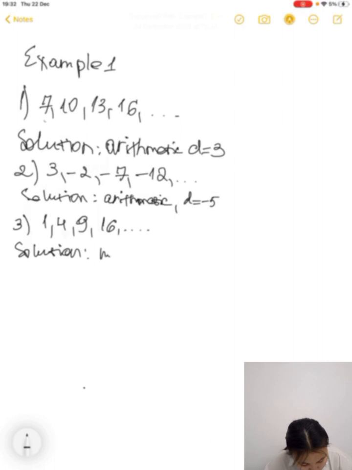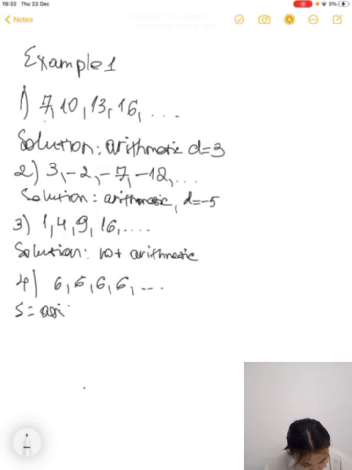This is not arithmetic. And the fourth, 6, 6, 6, 6. Solution. This is an arithmetic sequence, and d is equal to 0.